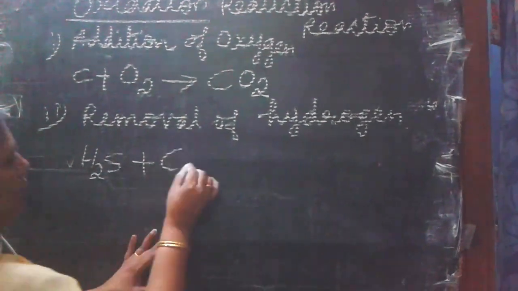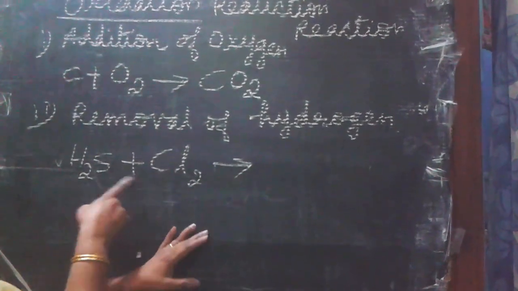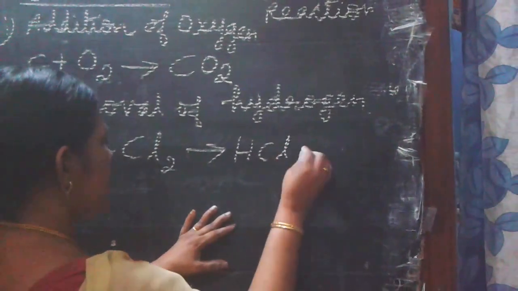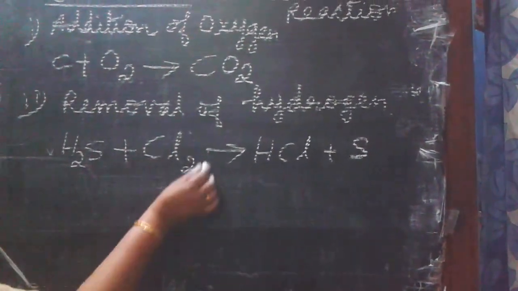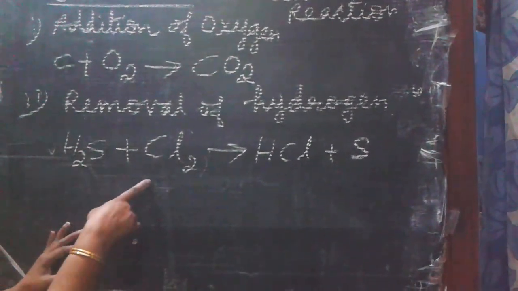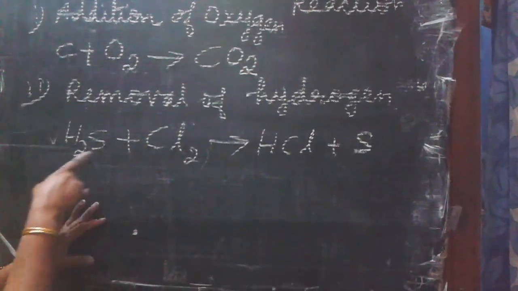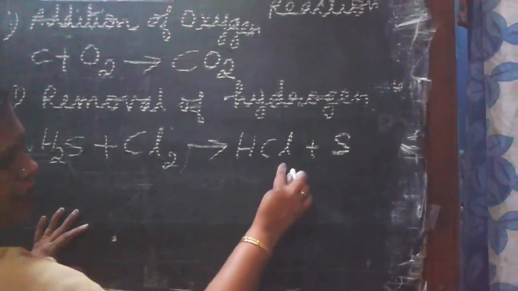Here chlorine is removing hydrogen. So hydrogen chloride, HCl, forms plus sulfur. Now see, chlorine acts as an oxidizing agent. How? Chlorine removes this hydrogen from hydrogen sulfide and it goes here, forming hydrogen chloride.